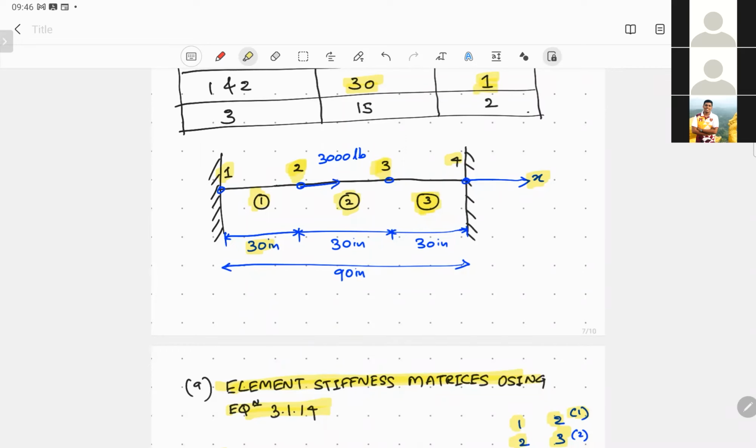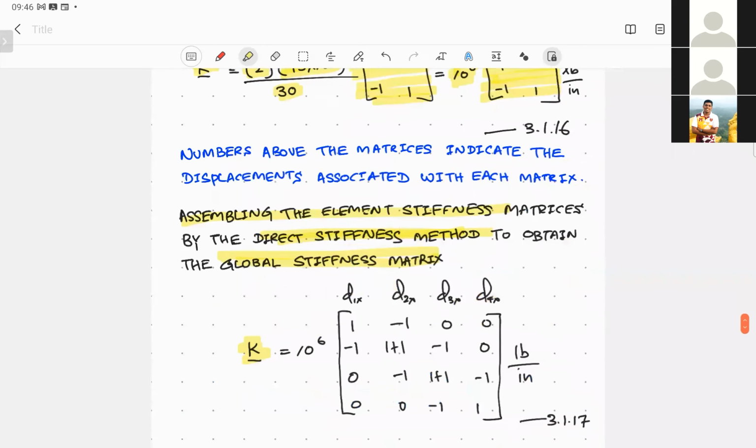Of course, you will learn this. You will see it's the same coordinate system that we are talking about, even when we talk in terms of the hat sign for the local coordinate system as well as the global coordinate system.